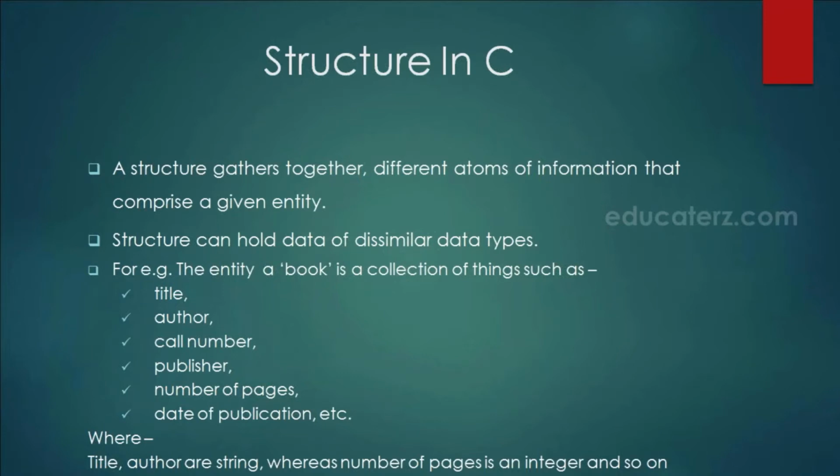In this case title and author are strings, whereas the number of pages is an integer and a few things are integer or character. So we can have a collection of dissimilar data types in one structure which should be related to one entity.